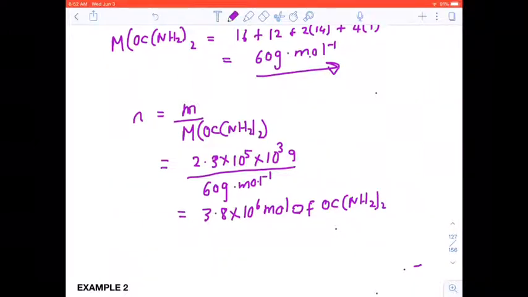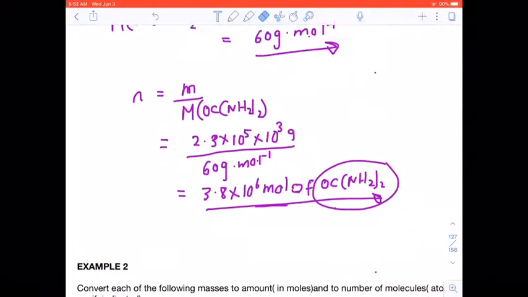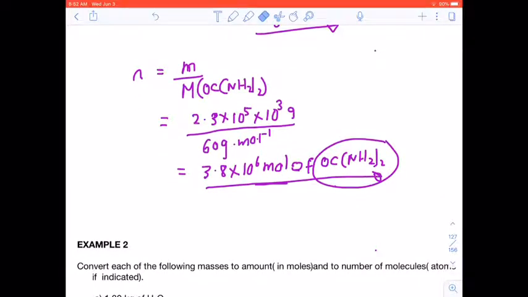That is the amount of moles of these molecules. And if you want to know the exact number of molecules, then we just use Avogadro's number and we work that out. So here we got 3.86 moles of urea molecules.